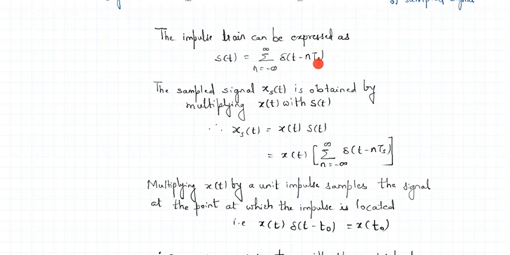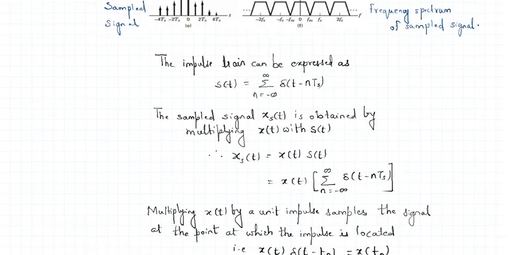Now what do we know? Wherever there is an impulse, that results in an output of the magnitude which is equal to the magnitude at the time of sampling. With respect to the figure, what does this mean?